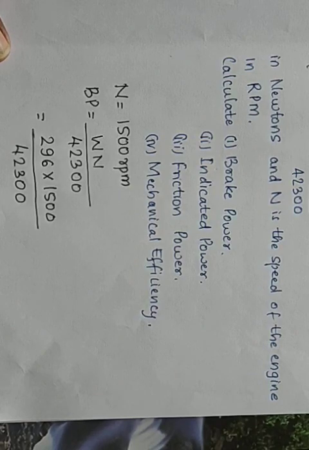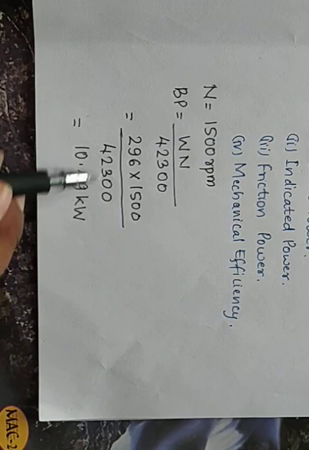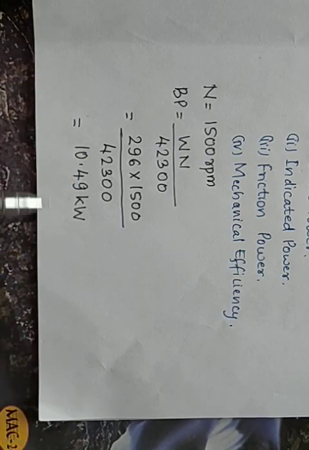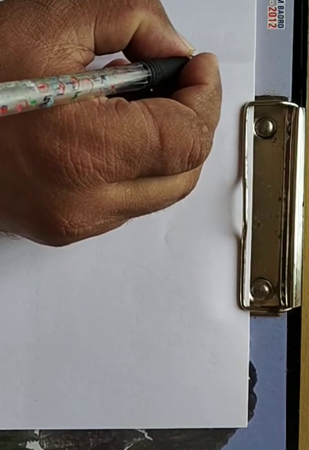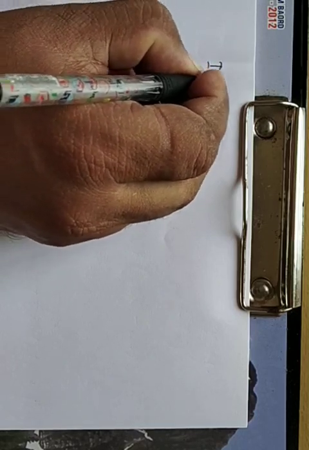So you will get the value of BP, that is 10.49 kilowatt. So substitute these values, find out the value of BP. It is 10.49 kilowatt. So after finding out the value of BP, directly I will find out the value of IP or indicated load.